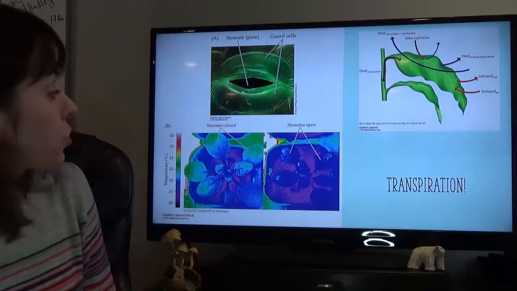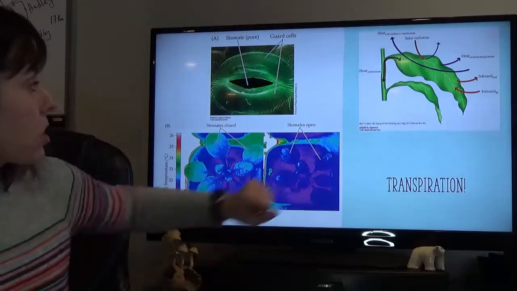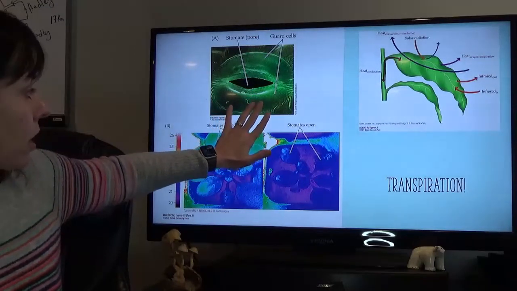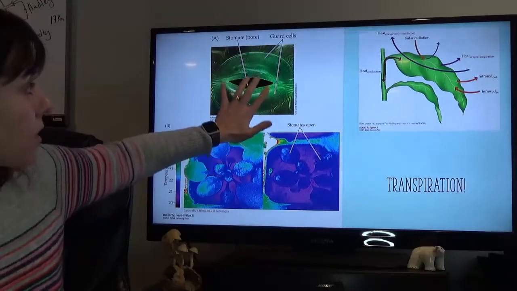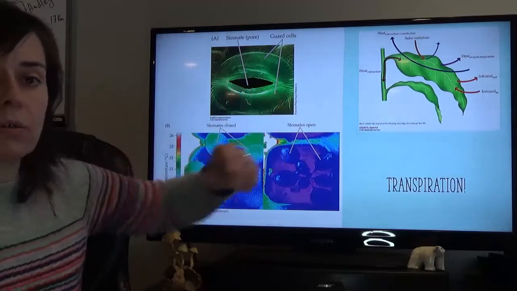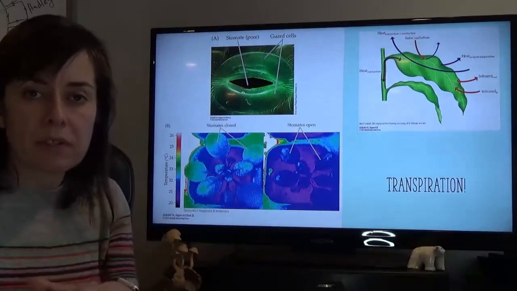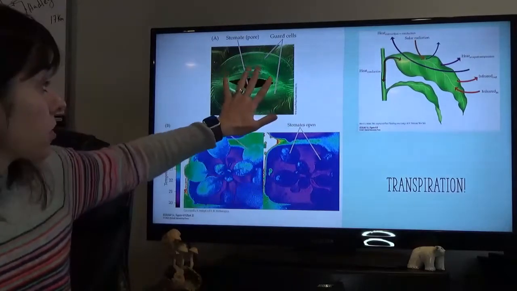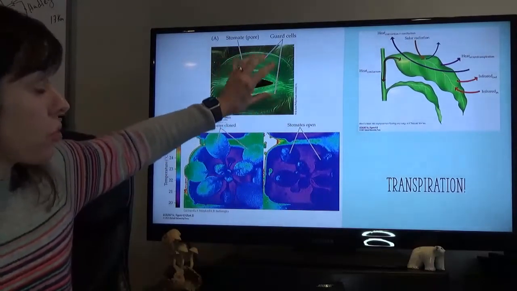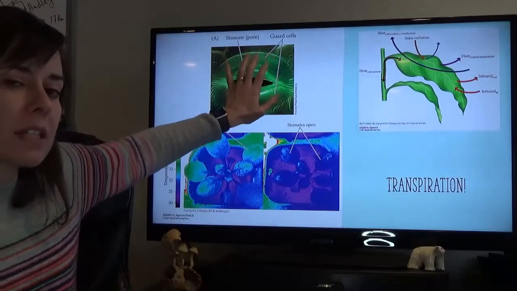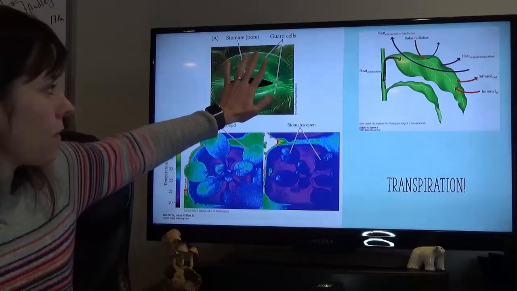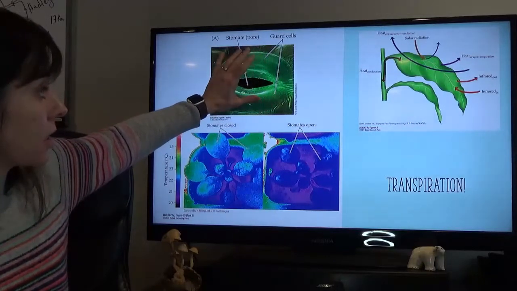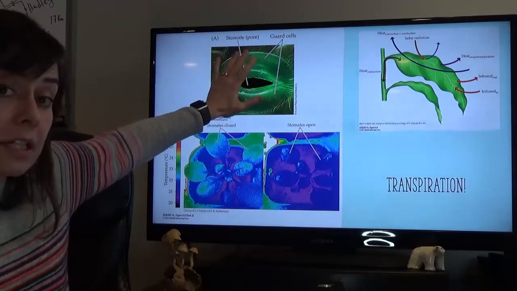Okay, so transpiration is, as we just talked about in plants, a really important one. This is an electron micrograph of a stomate. If you look at a leaf surface, it's covered in these pores, which are called stomates, and these pores are controlled by a variety of things in the plant, including various hormone signals, and the guard cells cause the stomates to close and to open.